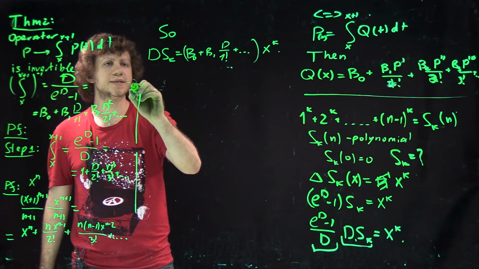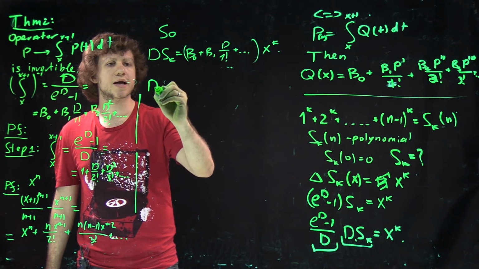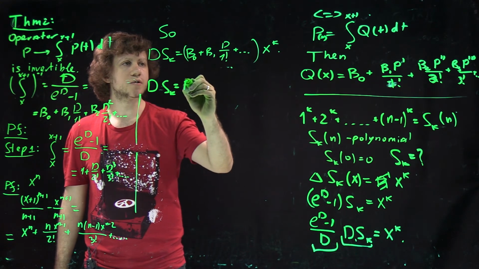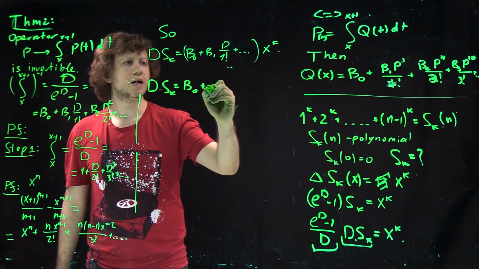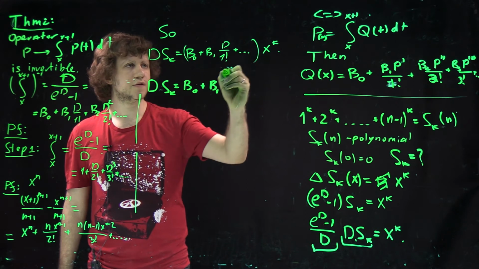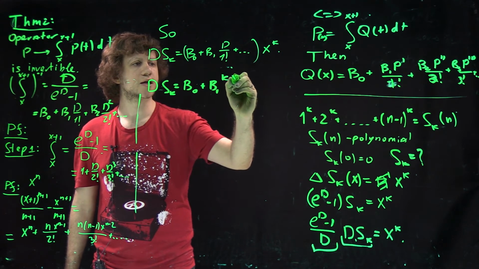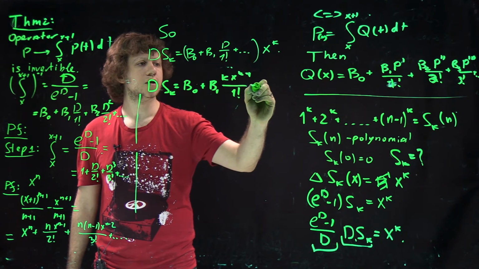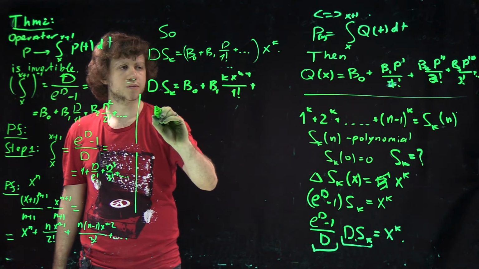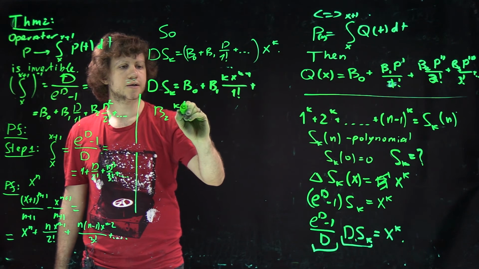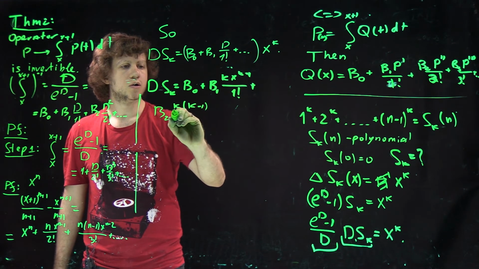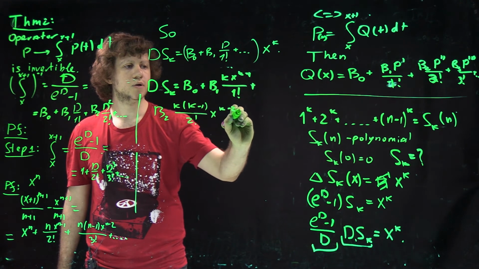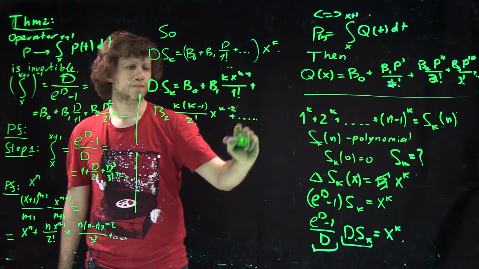So this implies that D S_k equals B0 plus B1 times the derivative of x to the k, which is k x to the power k minus 1 over 1 factorial, plus B2 k times k minus 1 over 2 factorial x to the k minus 2, plus and so on.